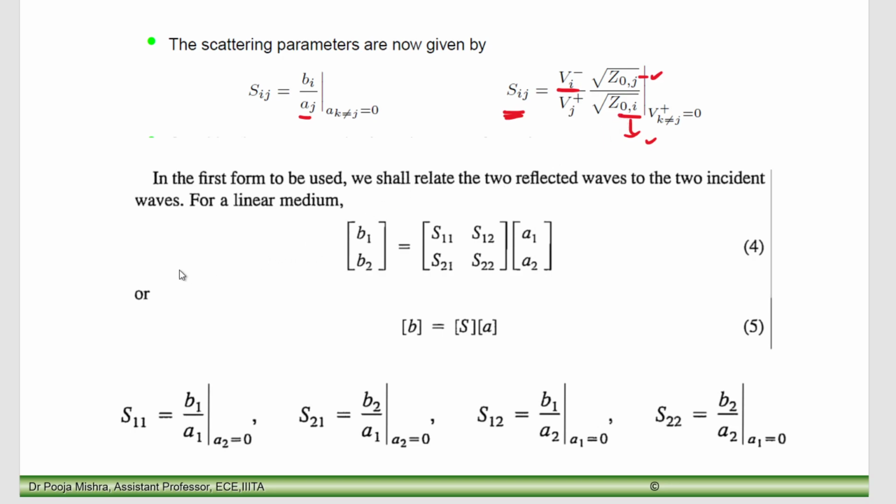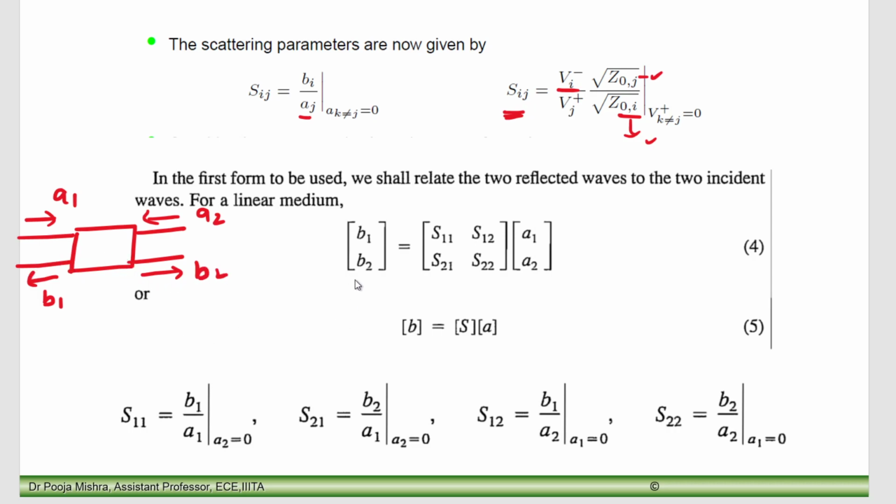Now let's consider it for a two-port network. This is the two-port network which is given to you, and the incident wave is A1, reflected wave is B1, incident is A2, reflected is B2, and this is denoted by the matrix [B1; B2] equal to [S11 S12; S21 S22] times [A1; A2]. This equation is used when we consider that ZO1 is not equal to ZO2.